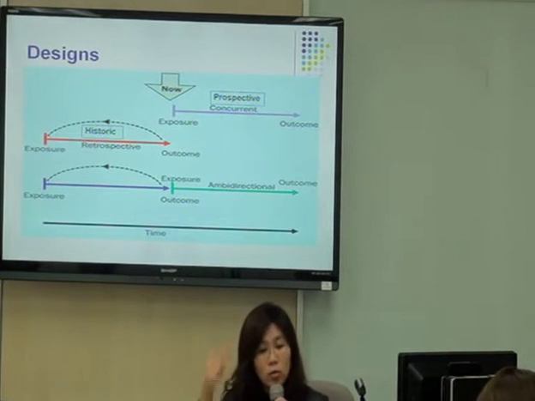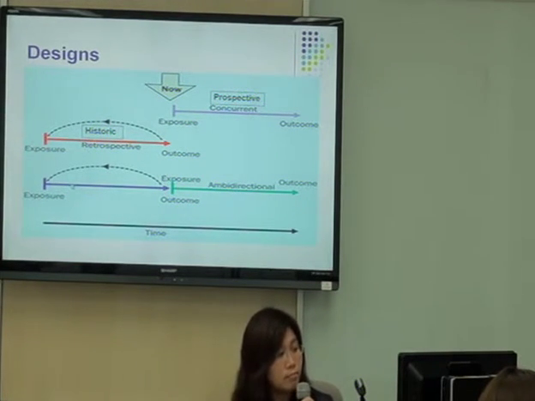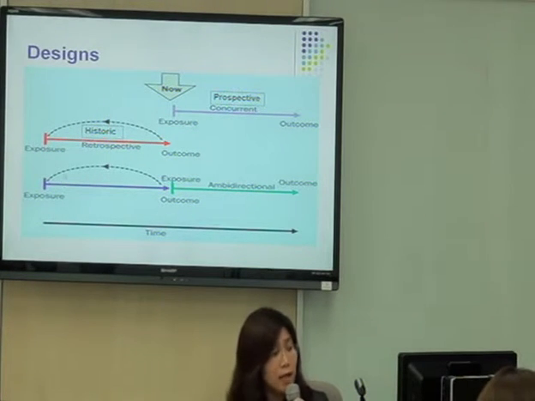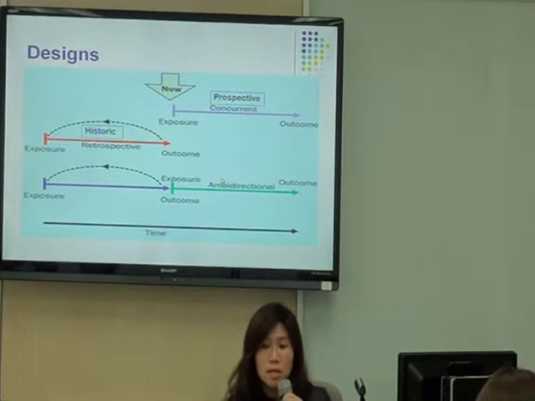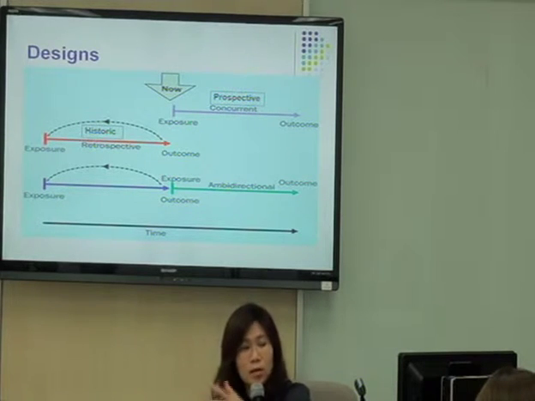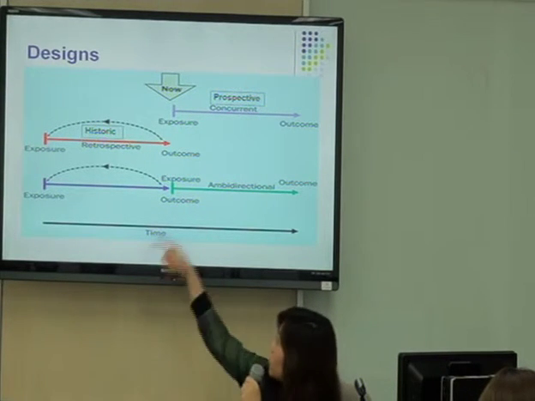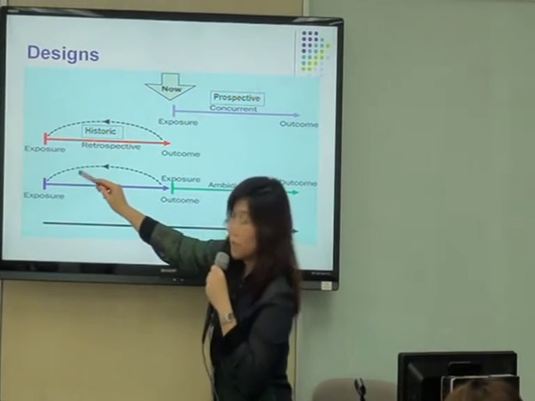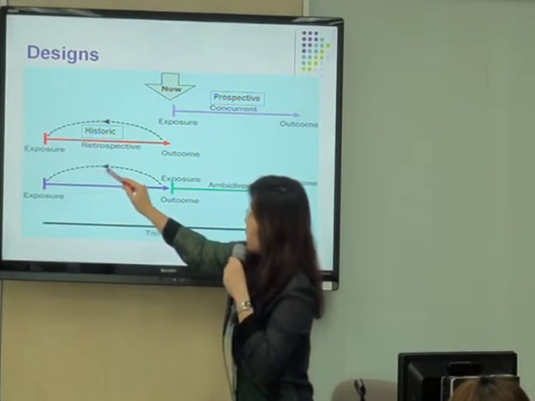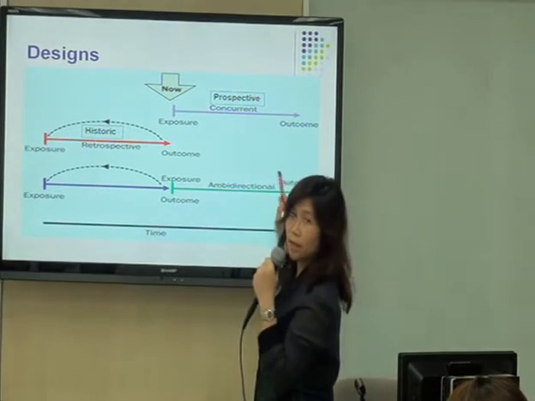And also the ones who already had the operation from 2010, for example, I still follow up. So you can see that because it's follow-up time, it's not just this arrow going back. Once you identify a subject, it means that you still follow them until the end of the study.